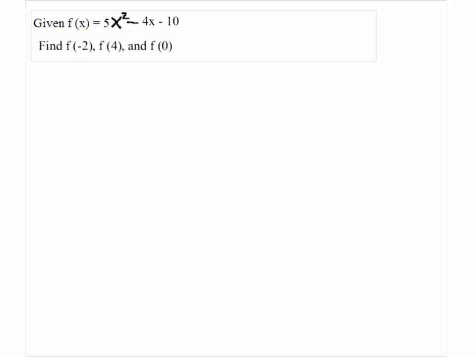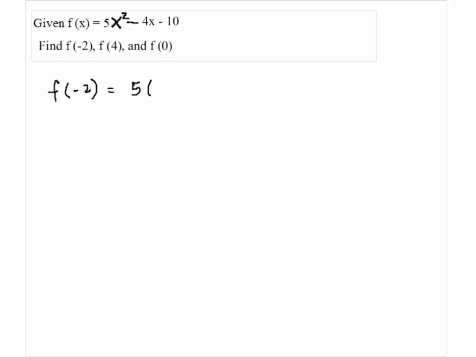Given f of x equals 5x squared minus 4x minus 10, find f of negative 2. To find f of negative 2, we replace all the x's in the f of x function with negative 2.